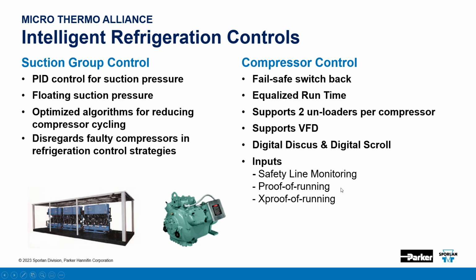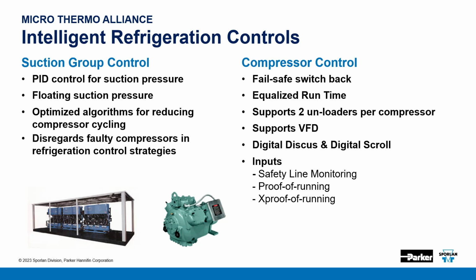What does that mean? I call for compressor 2 to be on. Is it on? Yes or no. We also give X proof, which is the inverse of that. That can tell you if you have a compressor that's runaway. So let's say compressor 2 again should be off, but it continues to run.